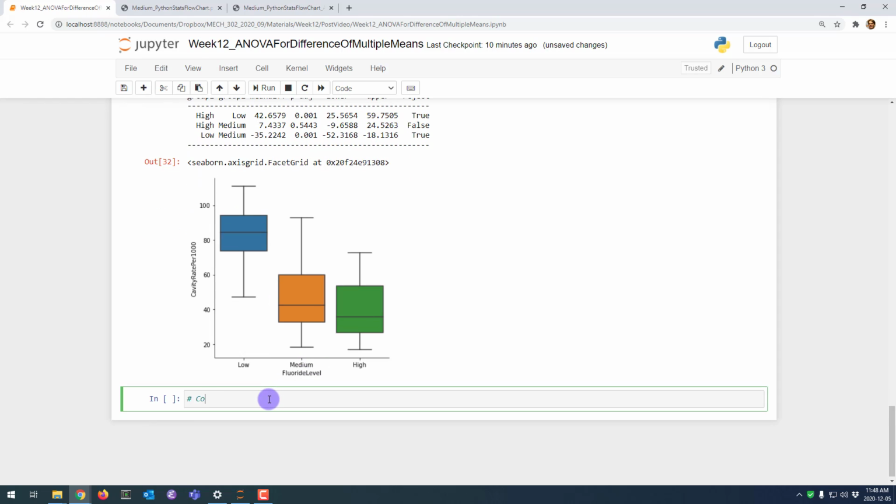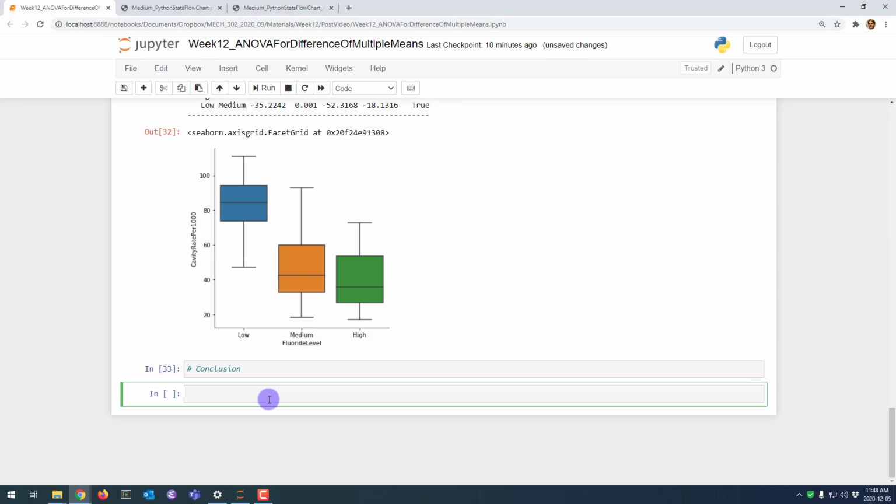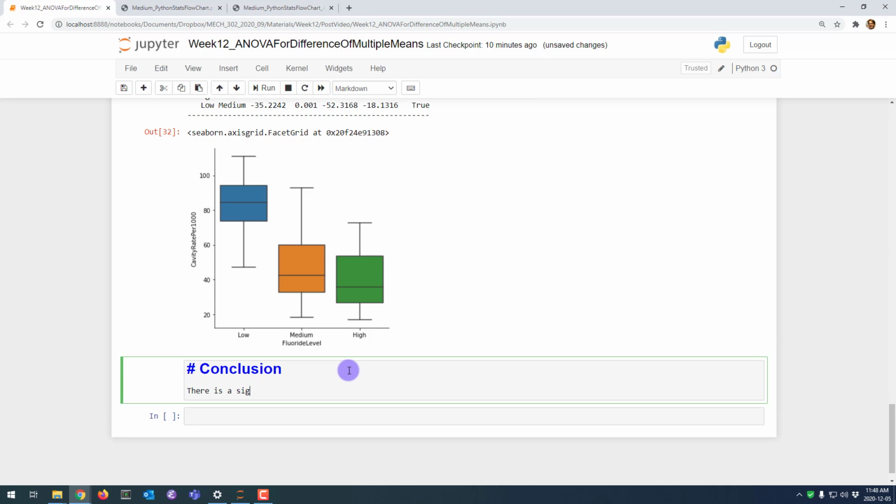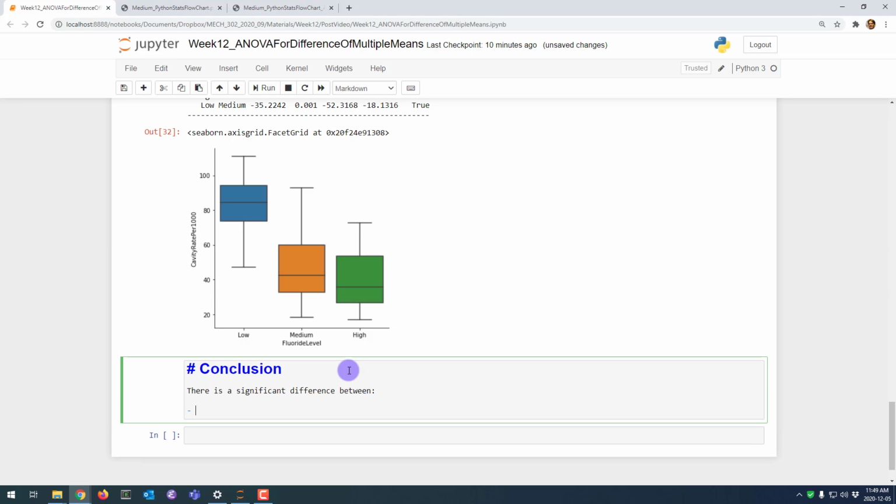So, concluding, there is a significant difference between, and here it's probably nicer to put bullet points, low fluoride and medium fluoride.